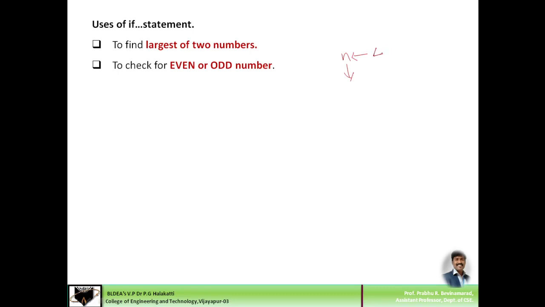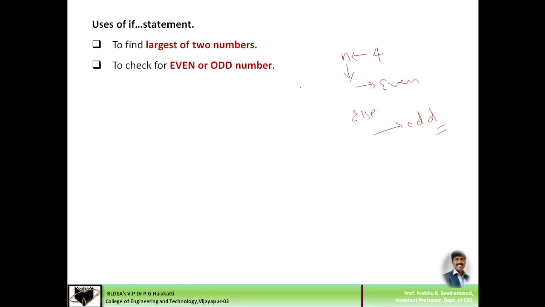If I give the value of n as 4, then it should say it is even. Else it should say the given number is odd. So how do we take a decision here?